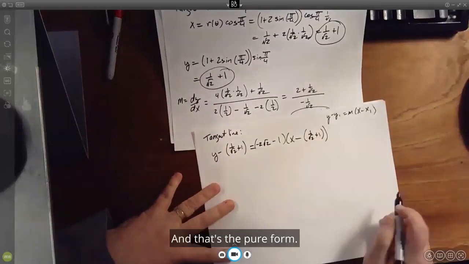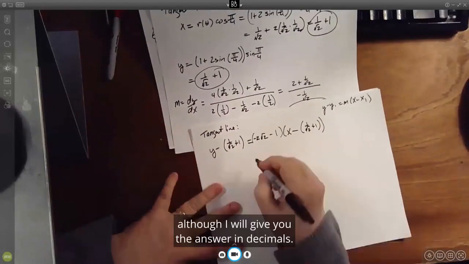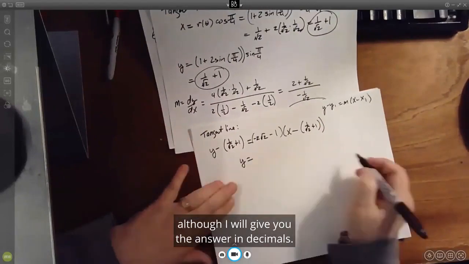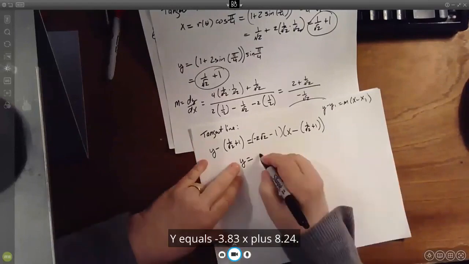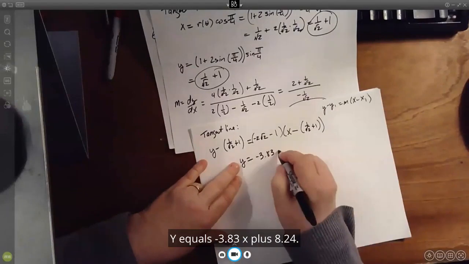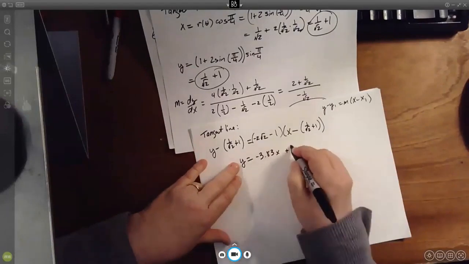And that's the pure form. I'm not multiplying it out, although I will give you the answer in decimals: y equals negative 3.83x plus 8.24.